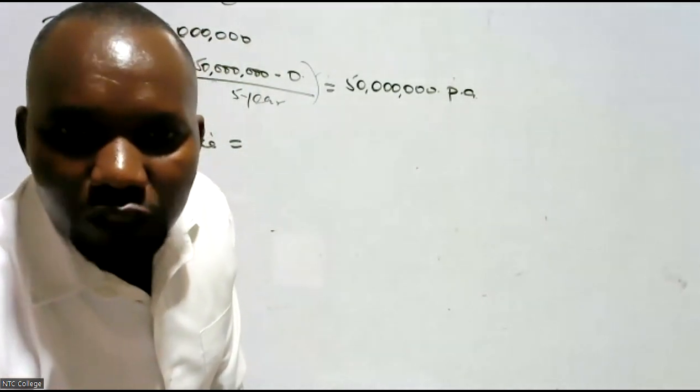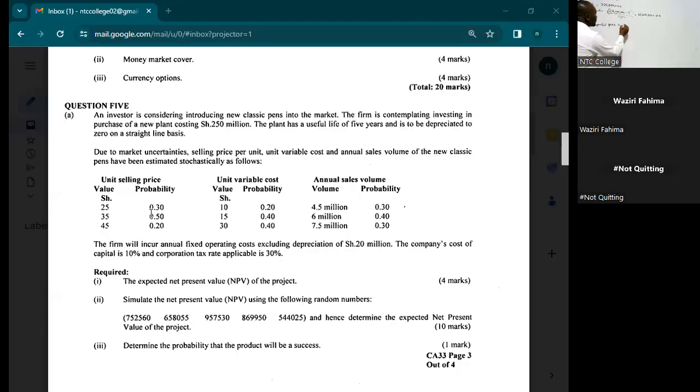That is 25 times 30%, 0.3, plus 35 times 50%, 0.5, plus 45 times 0.25, or 20. So that gives you the expected price. Calculate for me that, please.